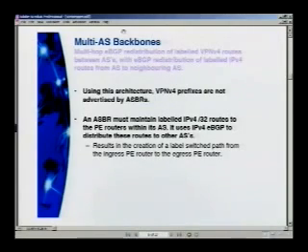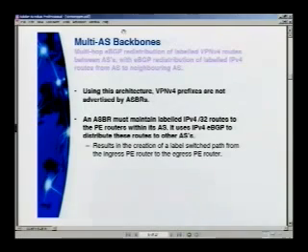Yeah, the second method is a little different. Again, we have the two neighboring PE routers, and they do not exchange the labeled BGP prefixes from the different VRFs, but they exchange only the /32 loopback IPs from all the PEs of the neighboring ISPs.